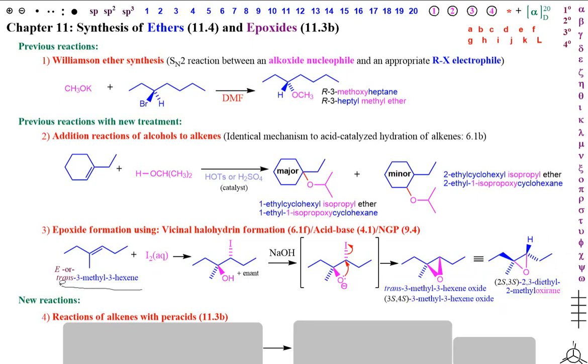You can name it after the original alkene, trans-3-methyl-3-hexene, and throw epoxide at the end. Not quite as descriptive as this name here, which has the stereocenters, and it names specifically this one enantiomer and not the other that would be formed from the enantiomer of this molecule over here. We can name this pink piece as oxirane with groups on 2 and 3. It's a heterocycle, and that would be its name there.